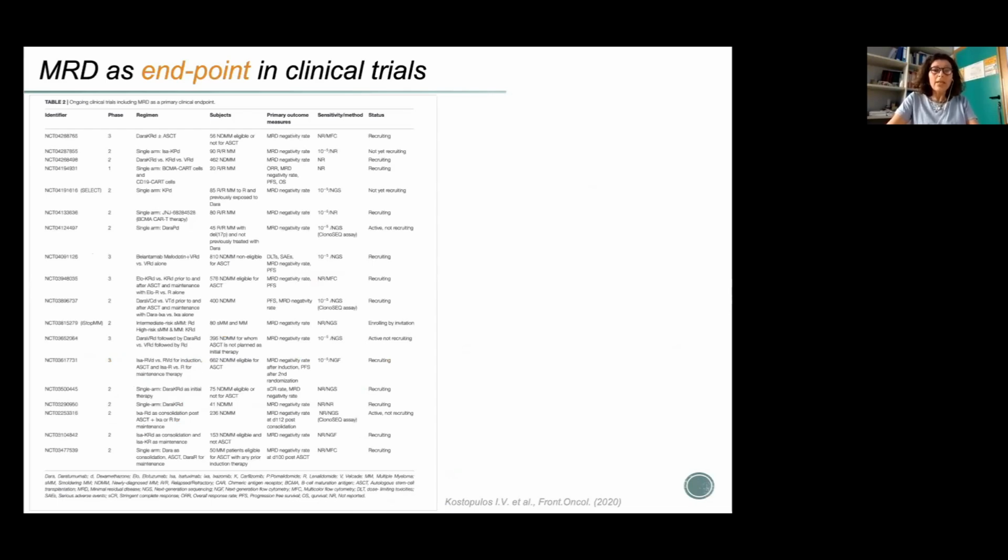Overall, we can say that MRD negativity, evaluated by NGS or by flow or by imaging, has become a major endpoint in clinical trials.